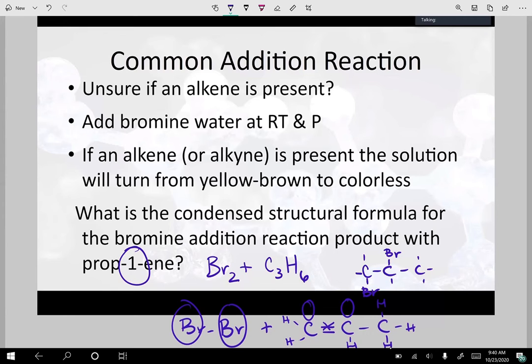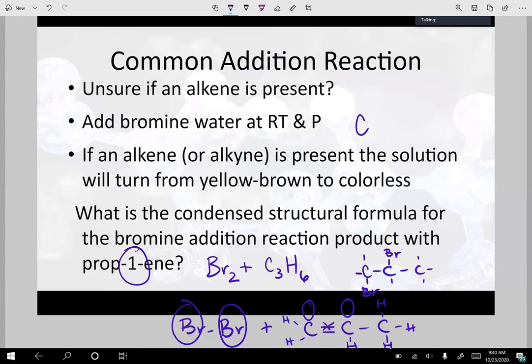Okay. So this is a good point, because of a few of the questions I'm getting, for us to review what that condensed structural formula is. So we always start with the carbons. Let's see, so many good answers.